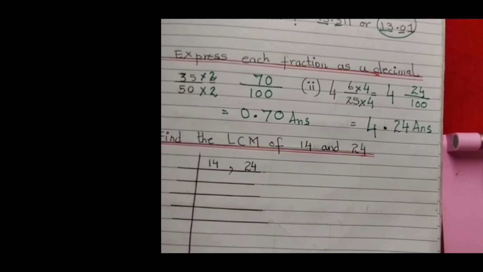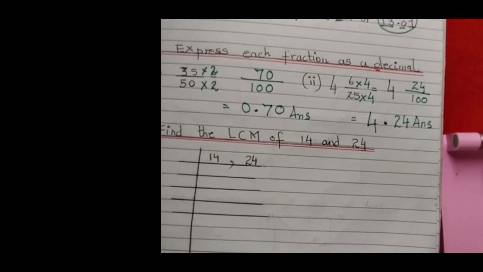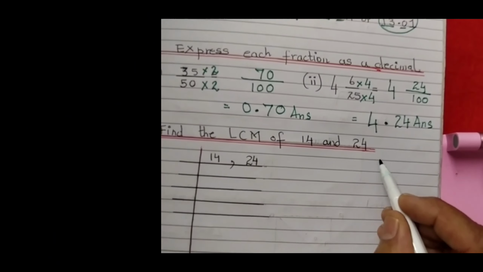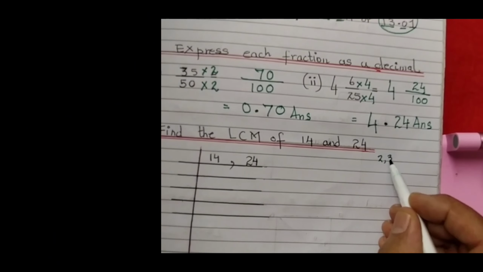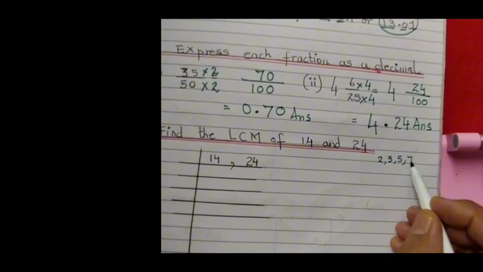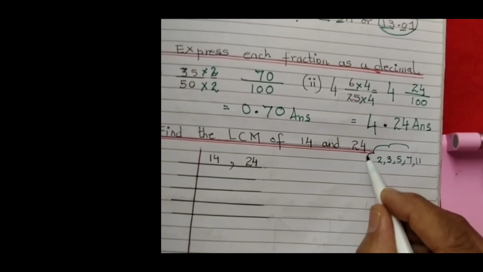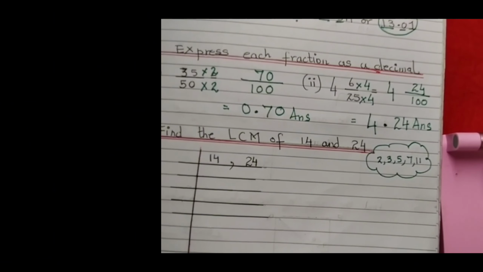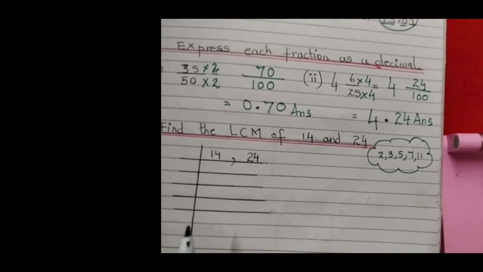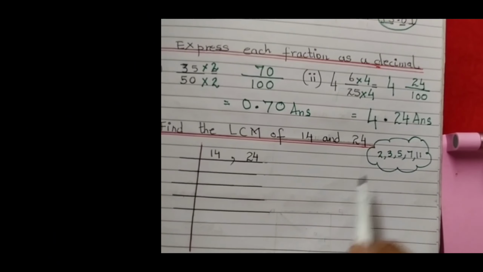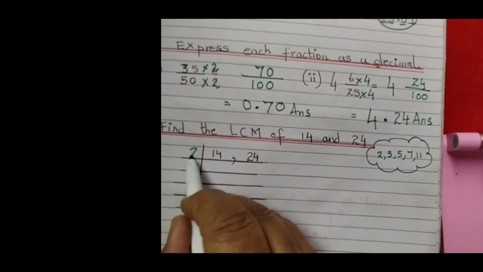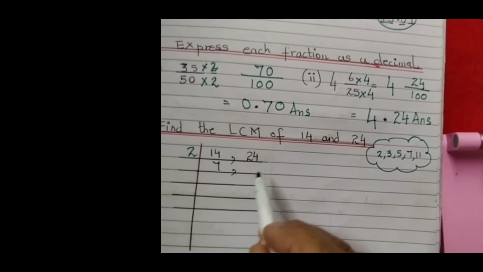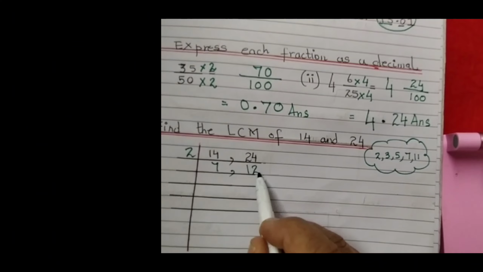Question number 10, LCM. Always remember the first 5 prime numbers. What are the first 5 prime numbers? 2, 3, 5, 7 and 11. Okay, I will just write these prime numbers in this bubble there. Let's start with the LCM question. I take the least prime number, that is 2. 2 times 7 gives me 14, put a comma. 2 times 12 gives me 24.